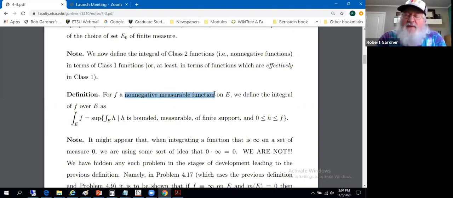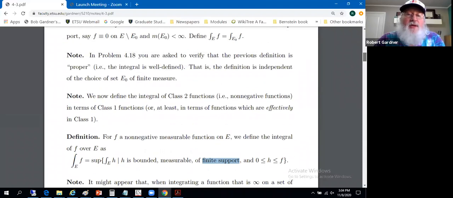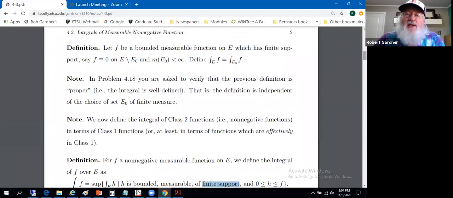But this gives us the definition for class 2 in terms of functions effectively in class 1, in terms of these functions mentioned above: bounded measurable functions of finite support. They're not defined on sets of finite measure, but the only place they aren't 0 is on sets of finite measure. So they are effectively in class 1, and we know how to integrate them, to be very clean with the logic, by this definition given at the top.